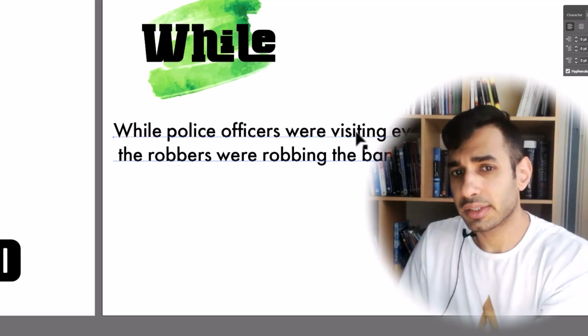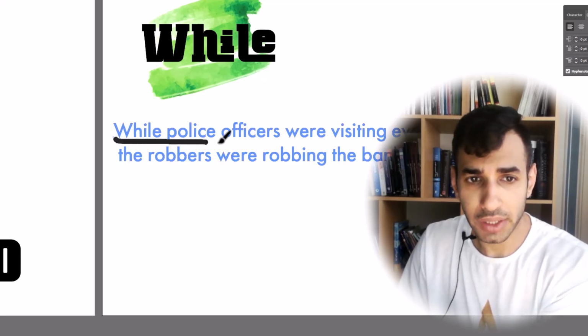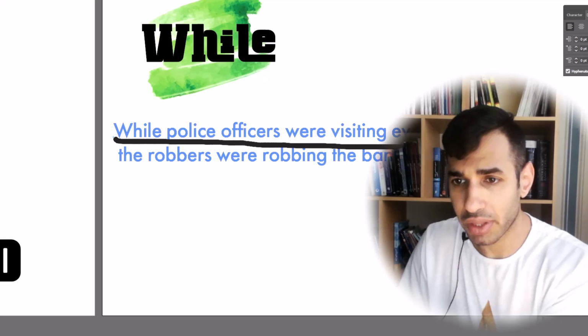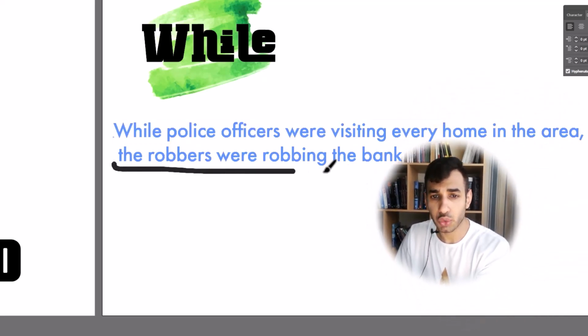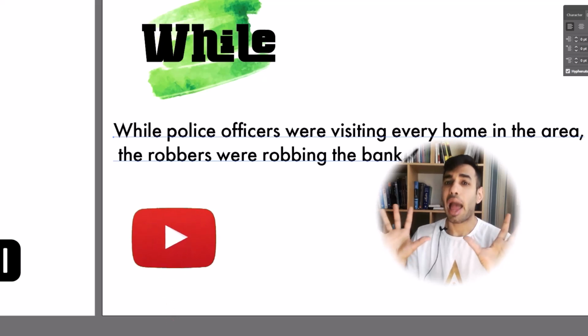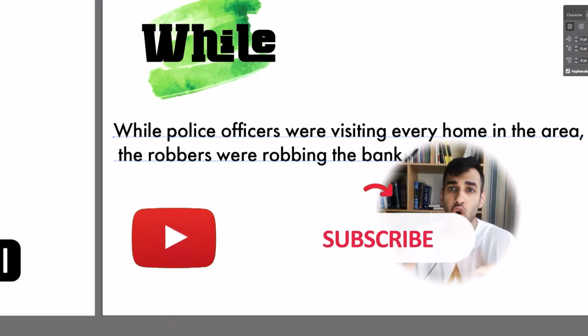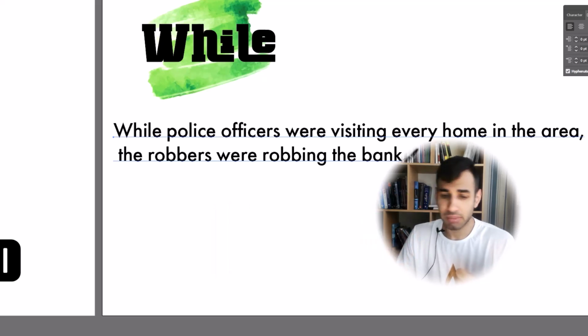In this sentence, we have two clauses. While police officers were visiting every home in the area, one clause, and the robbers were robbing the bank, another clause. Two actions happening at the same time, one expected and one unexpected.